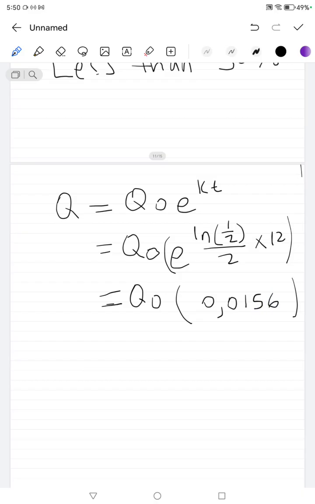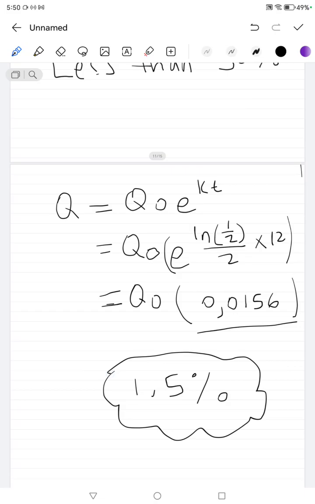156. Then you're just going to take this one and multiply it by 100. What percentage do you get? You're getting 1.56 now.